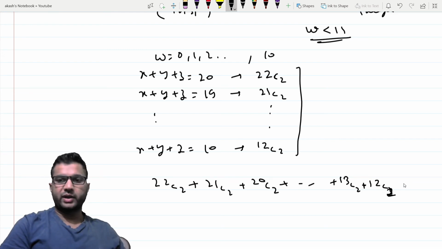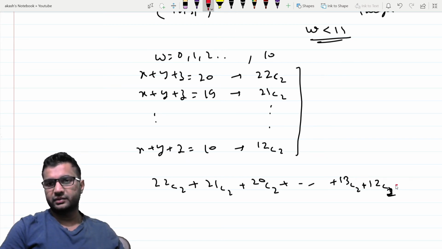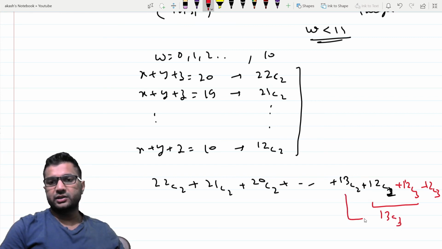So what I will do, I will simply add and subtract 12c3. Okay, so now I can use the Pascal property, that 12c2 plus 12c3 is 13c3, and again 13c2 plus 13c3 will be 14c3.